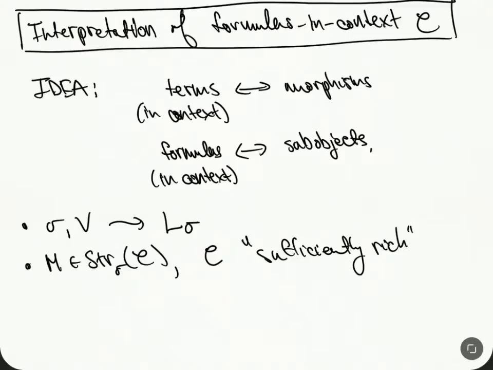Like we did with definable sets, we're going to talk about definable objects. So the goal is that given some phi in some context, we're going to have some definable object.